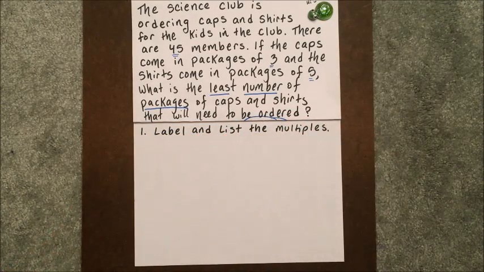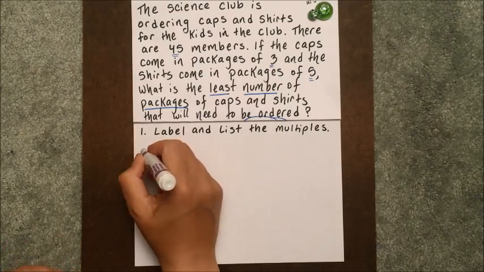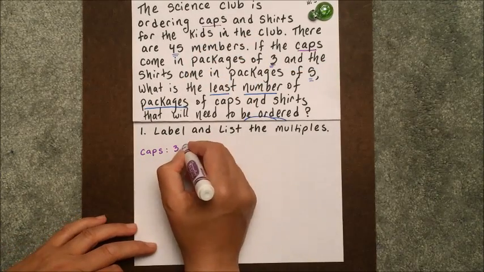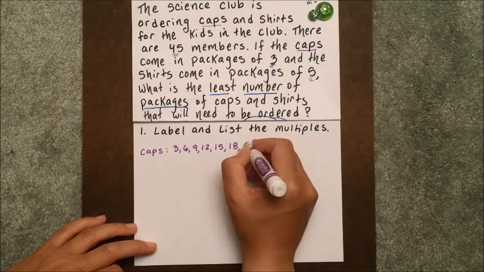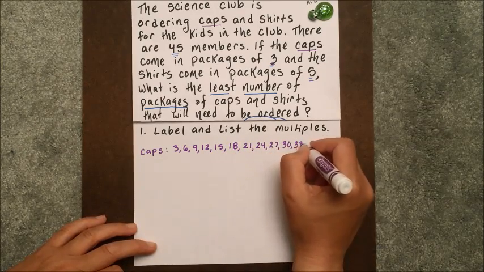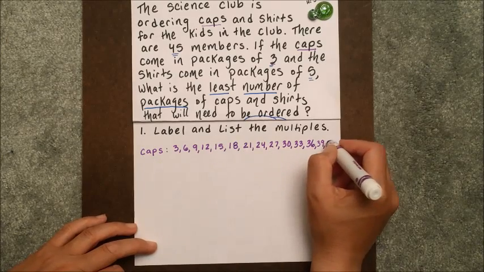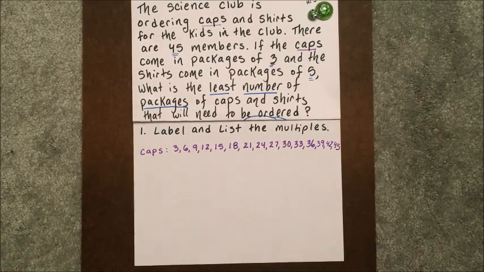So that is our first step, is to label and list out the multiples. So for the caps, we will have 3, 6, 9, 12, on and on and on until we get to 45, because we need 45 caps for everyone in the club.